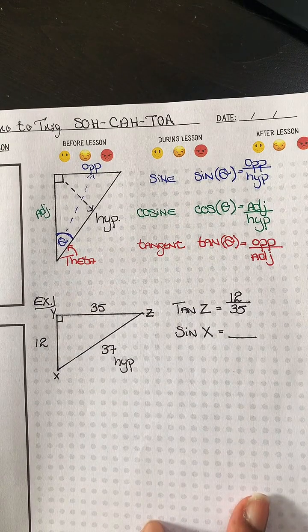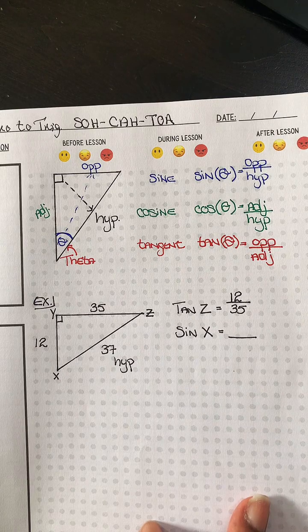Okay, Robert's saying 35 over 37. Jan is saying 35 over 37. Jess, Aon, and JB are saying 35 over 37. Bedsore and Alexander are saying 12 over 37. Okay, not sure. Thank you for your honesty.